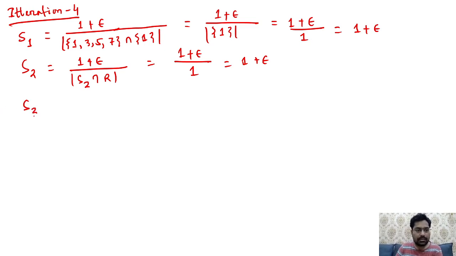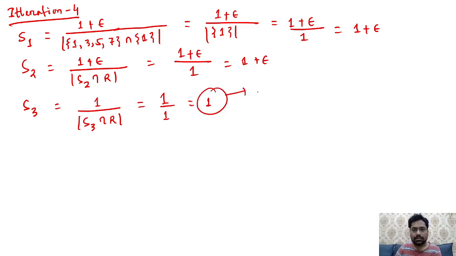And for S3 I can write 1 as a weight. Here S3 intersection R, which is 1 by 1, because 1 is there, you know? So that's why I'm just writing here it is considered as minimum, because anything if it is 1.001 is definitely greater than 1.